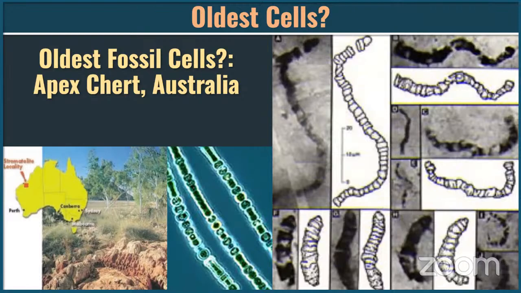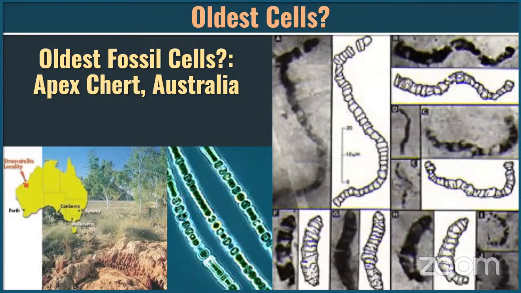So for the oldest fossil cells that we think we can see, the stromatolites were nice and big because they made those layers, right? So for those, you can wander around and look for them if you know what they look like. But if we want to look at actual individual cells, we look in a similar region. We're still in Australia.